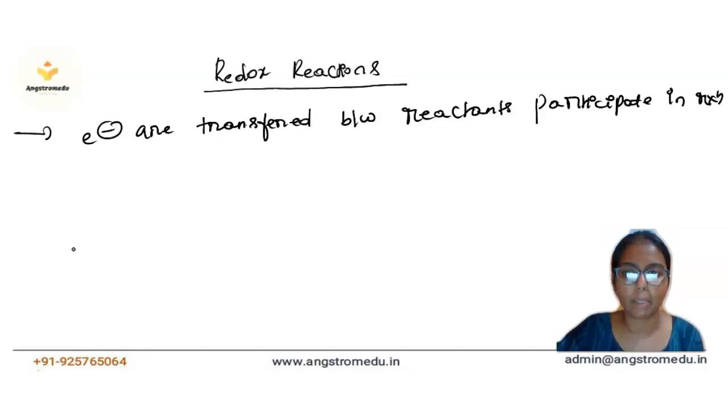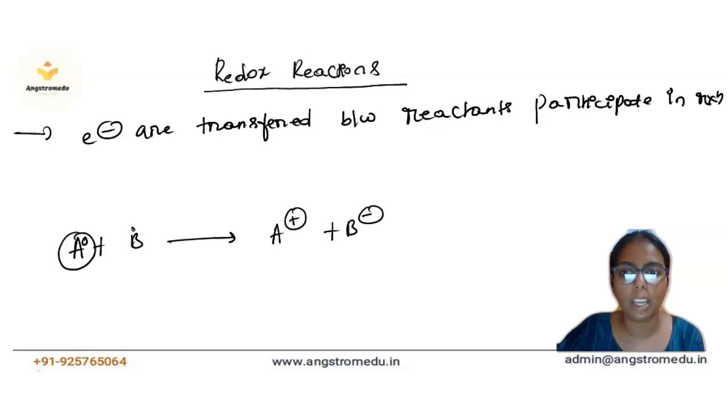So let's look at an example. For example, let's consider A plus B, which gives rise to A plus and B minus. Here the oxidation state of A is 0, and the oxidation state of B is 0.